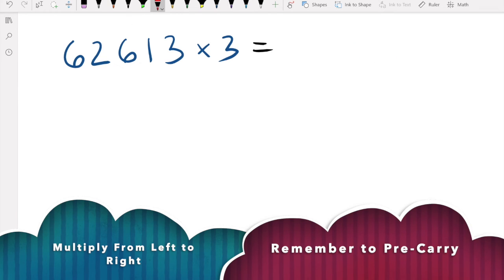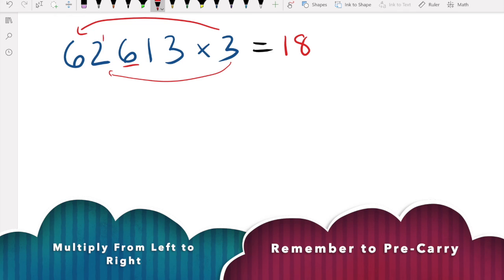Let's try another one in our head. Let's try this one. 62,613 times 3. So if I was solving this in my head, I would do 3 times 6, which is 18, and that's going to be read as 180-some thousand, and 3 times 2 is 6, but I look if I have to pre-carry, and I do because the next one is 3 times 6, which is greater than 9. So there's a pre-carry there.